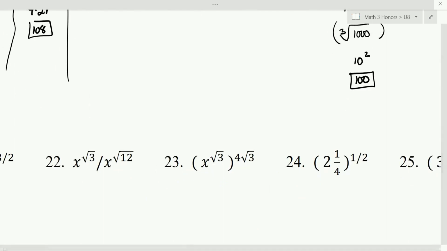What's that? So you have an exponent of an exponent, so you're going to multiply them together. And when you do that, you have 4 times the square root of 3 times the square root of 3. What's the square root of 3 times the square root of 3? 3. And so that gives you x to the 12.